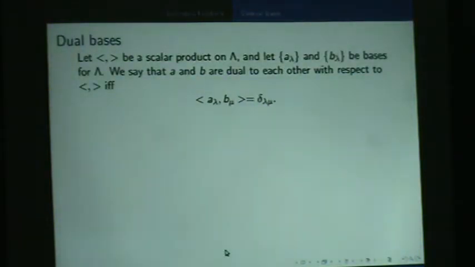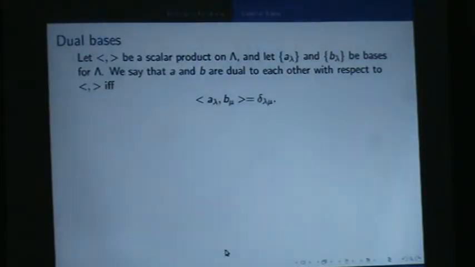So now I want to talk a bit about dual bases. If we have some scalar product on the symmetric function algebra, and we let a sub lambda and b sub lambda be bases for it, then we say that a and b are dual to each other with respect to that scalar product if and only if the scalar product of a sub lambda and b sub mu is delta lambda mu.